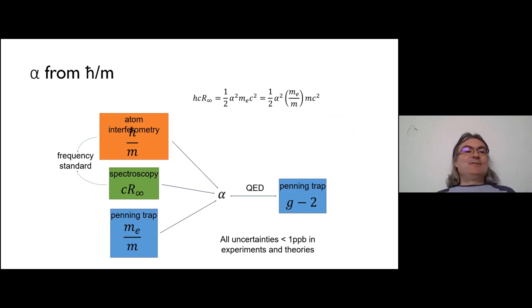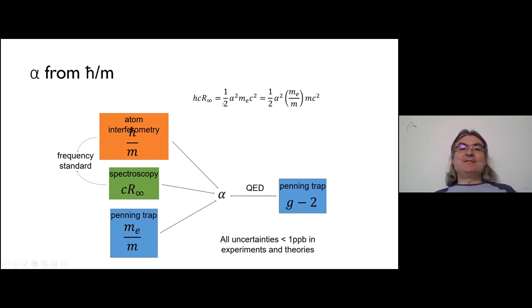All right, how do I get the fine structure constant from atom interferometry? I'm looking at this equation, parts of which are familiar to my students in my quantum mechanics class. This is nothing else but the energy of the electron in the lowest Bohr orbit. As low energy physicists, we would write that as h times c times the Rydberg constant, whereas the high energy people would write it as 1/2 alpha squared m_e c squared.